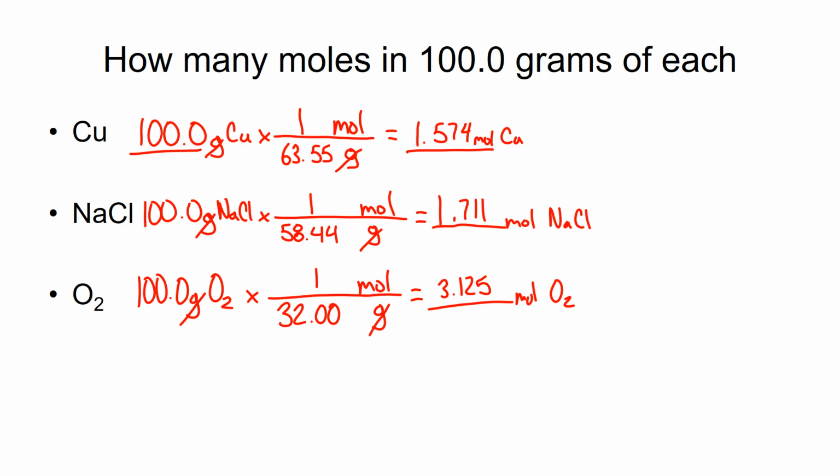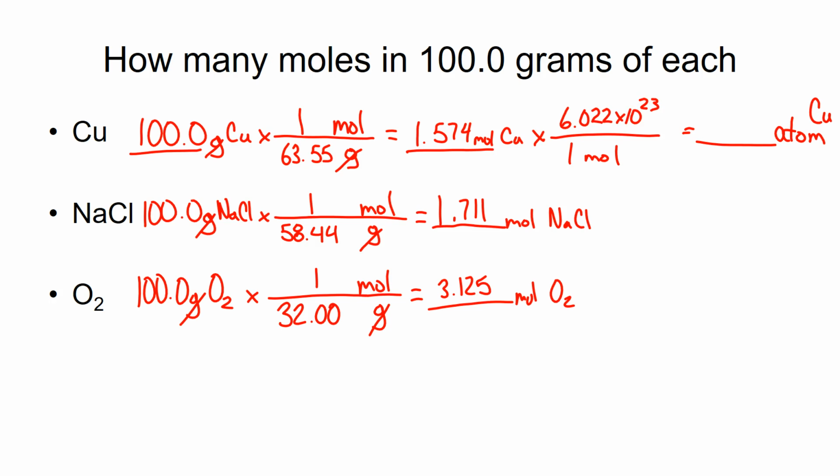What if I wanted to know atoms of copper in this one? What would I need to do to that moles of copper to get to atoms of copper? Because for every 1 mole, I have Avogadro's number of particles, I would just multiply by Avogadro's number in that case.